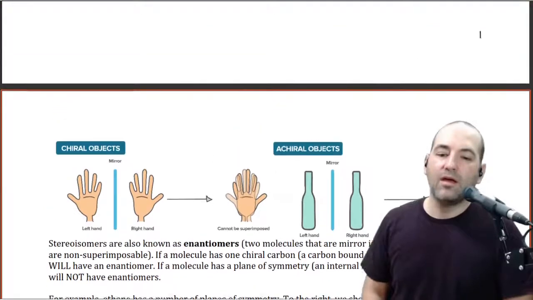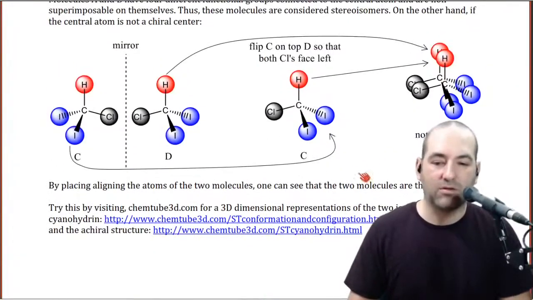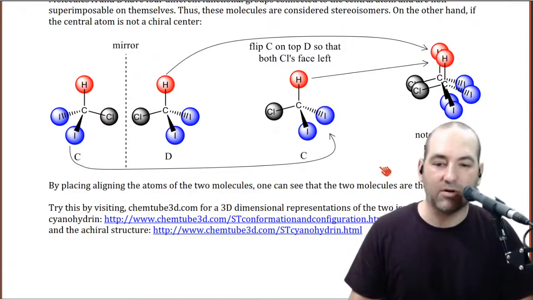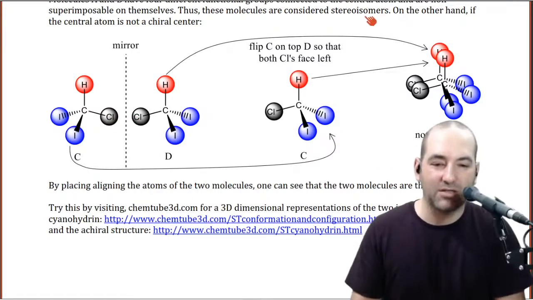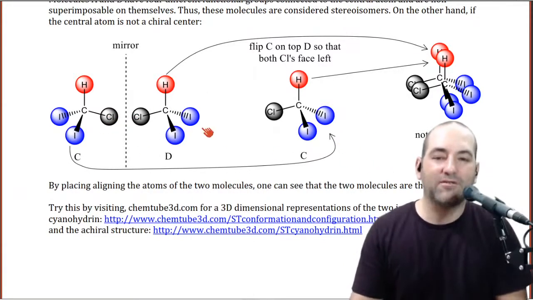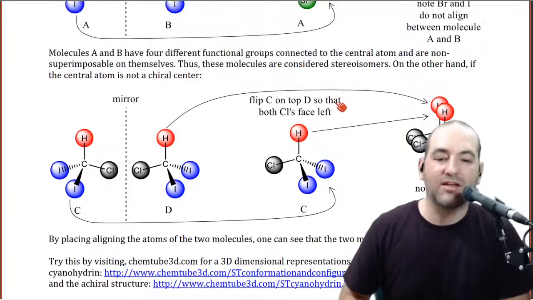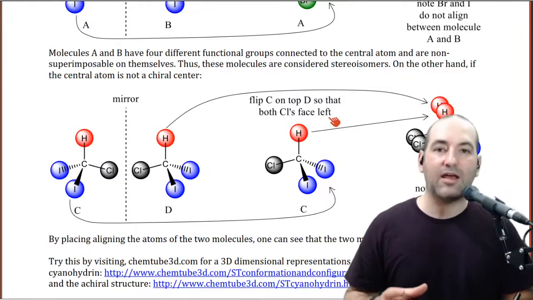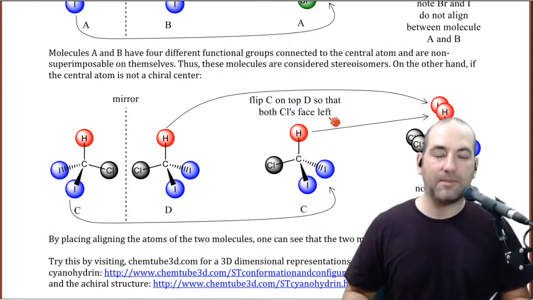All right. If we then apply that to molecules, chiral molecules have what are called stereoisomers, which are molecules that differ only by this kind of three-dimensional orientation, even though they have the same formula and they're connected the same.